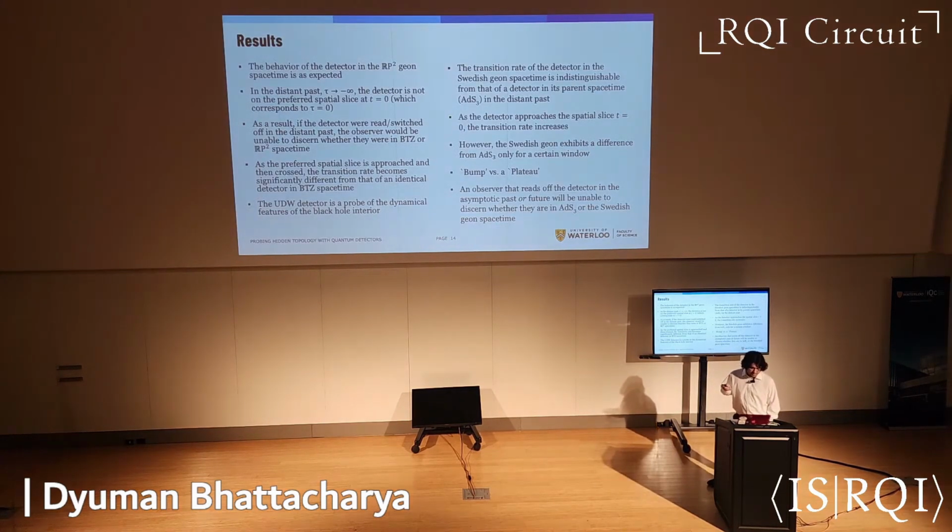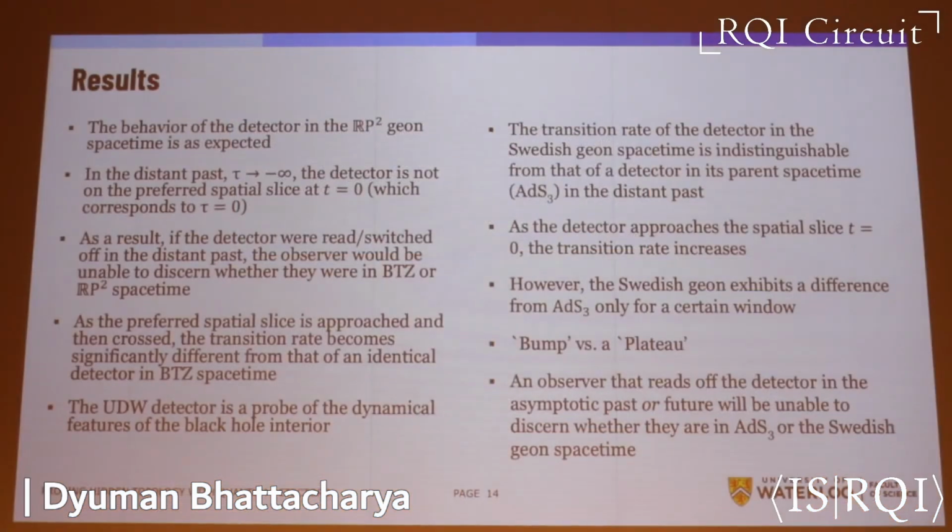So the behavior of the detector in RP2 geon spacetime is as expected. In the distant past, it's not on the preferred spatial slice, which is created from the construction. As a result, if it's read off in the distant past, our experimenter will be unable to tell whether he or she is in BTZ or RP2 geon spacetime.